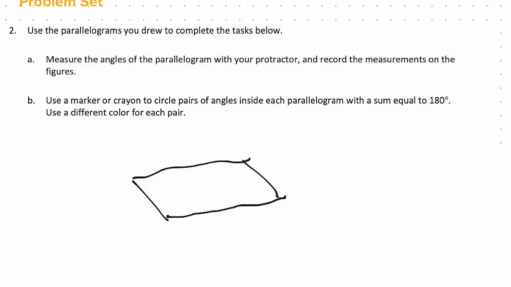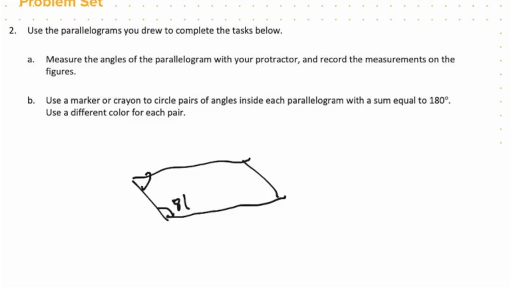And again, it's not a perfect drawing, it's not drawn to scale, but it serves its purpose. So let's say this angle here was 81 degrees. When the angles are next to each other, they always equal 180 degrees.